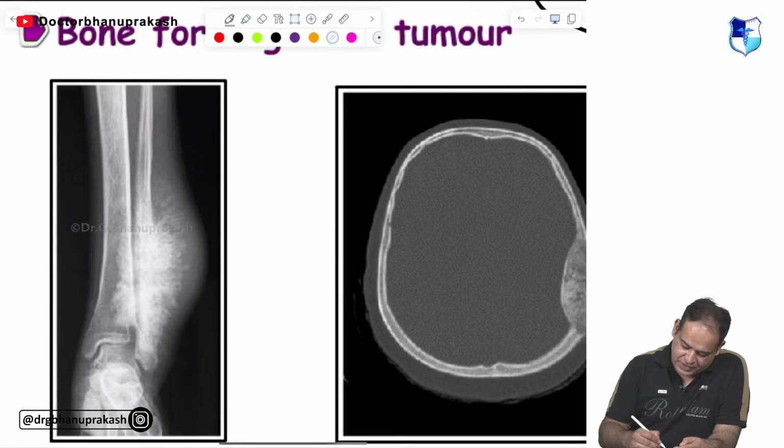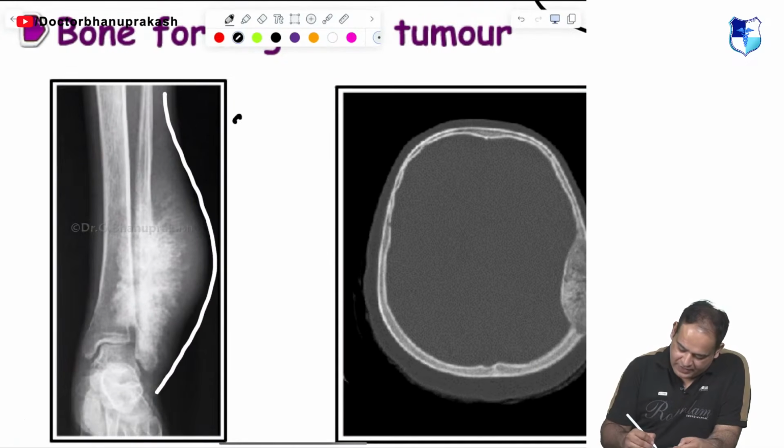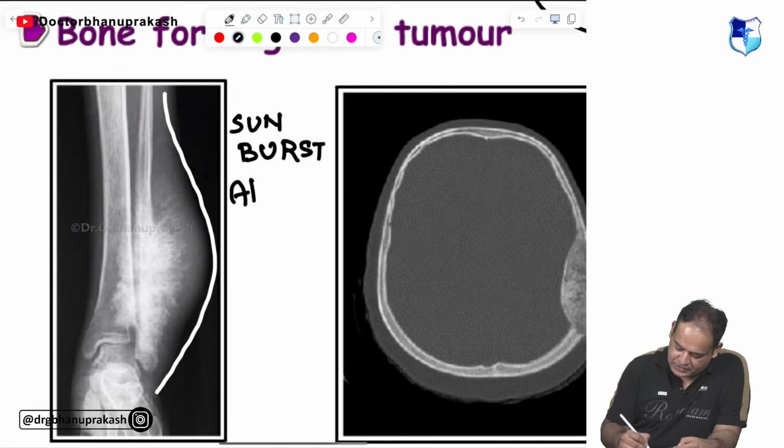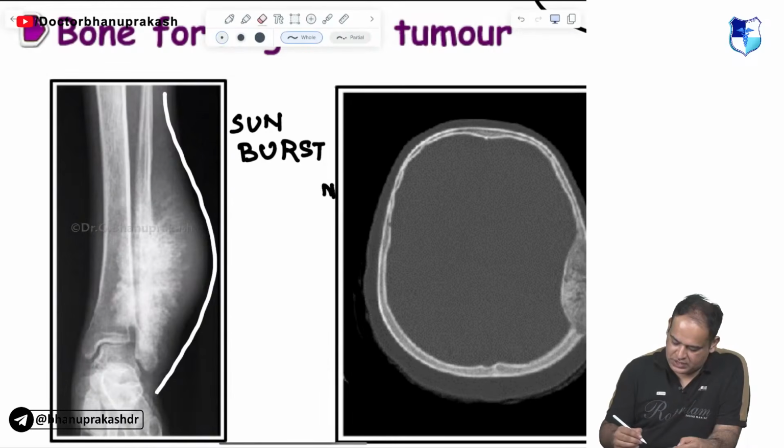So, the periosteum will be lifted and it will give rise to a sunburst appearance. Right? Sunburst appearance.